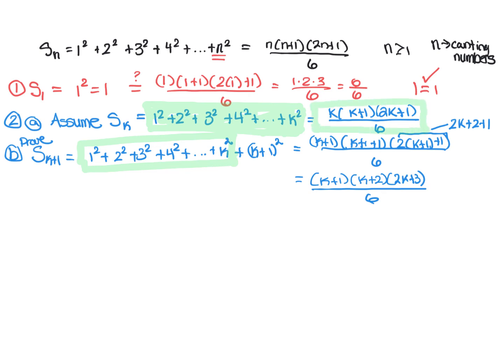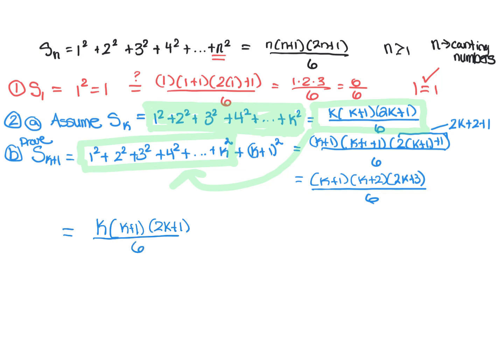So I'm going to take this and plug it in right there. So when you do that, you're going to get, okay, so this thing equals k times k plus 1 times 2k plus 1 all over 6.